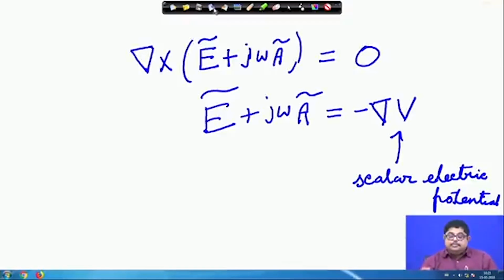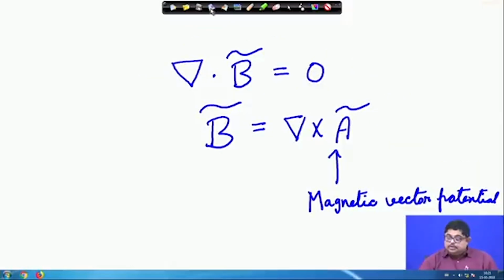And you see the previous one was magnetic vector potential. The magnetic was coming from this, because this definition was coming from the magnetic field definition, that is why magnetic vector potential.